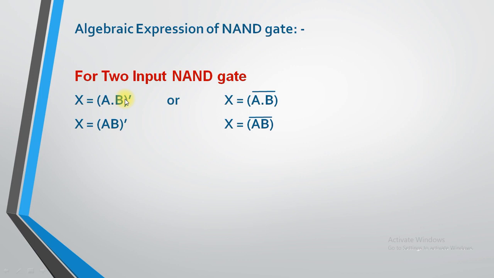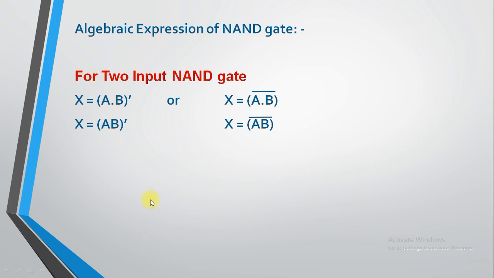Either A into B or AB, that is, the absence of an operator, right? So X equals A dot B whole dash, X equals AB whole dash, X equals A into B whole bar, X equals AB bar. These are the formulas which can be written using the representation of the NAND gate.